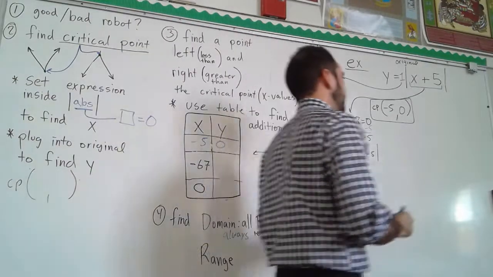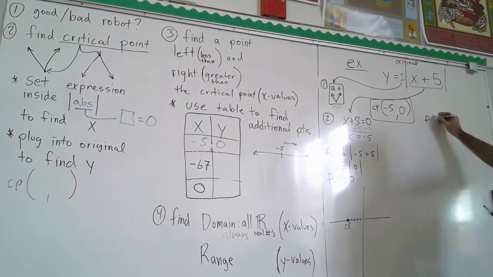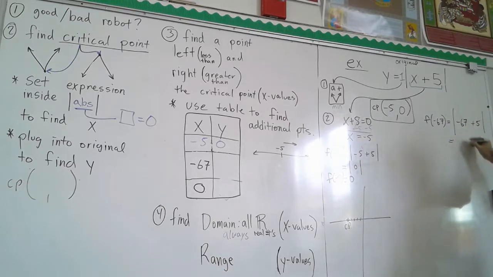Just for Udiel, I'm going to go ahead and do f of -67. -67 plus 5 is -62. 62.